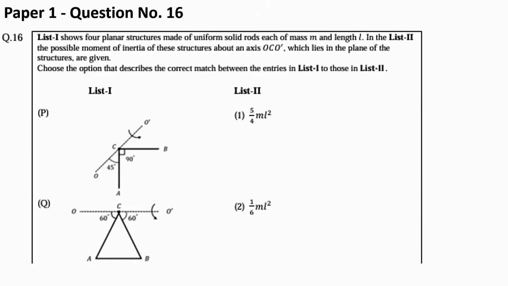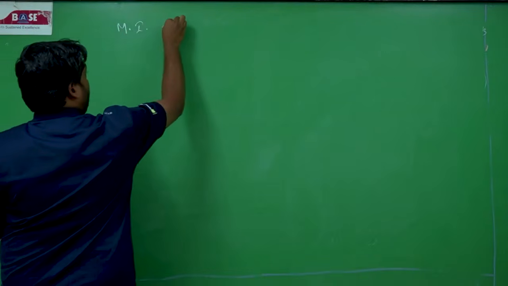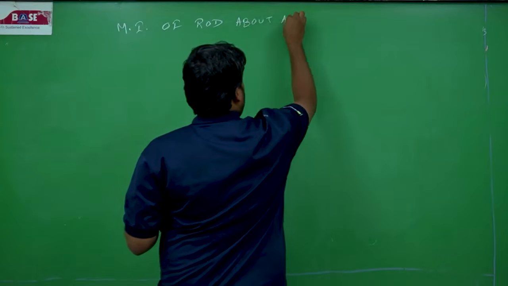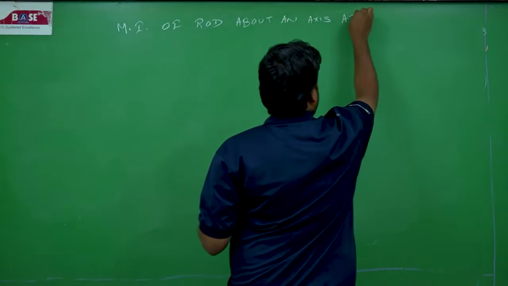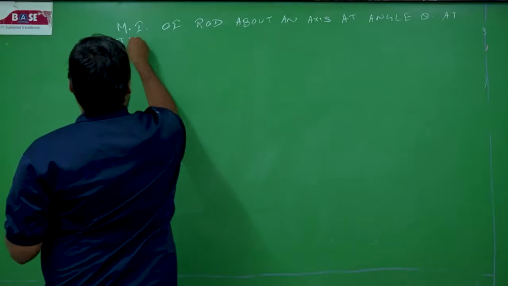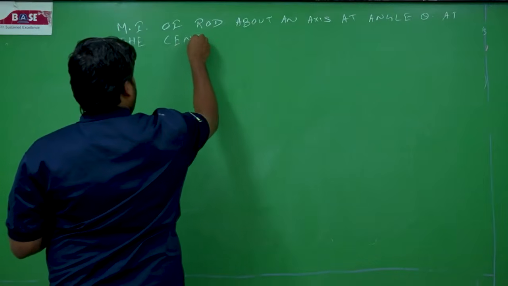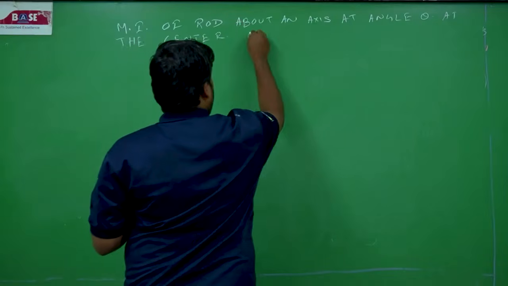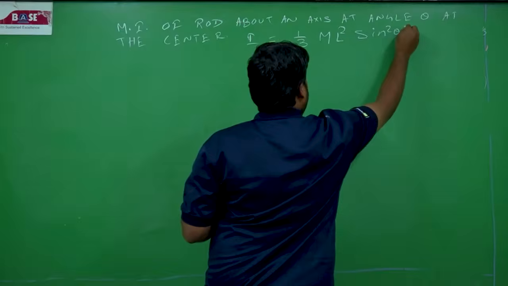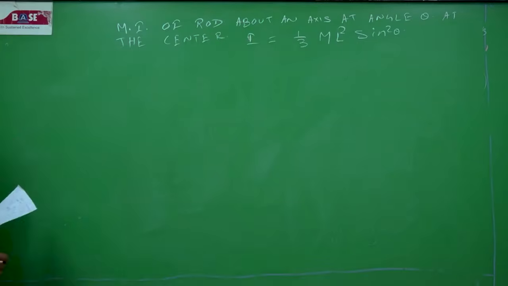In that question, it is given to find the moment of inertia of different types of structures of rods. So the moment of inertia of a rod about an axis at an angle theta at the center will be I equal to 1 by 3 ml square sin square theta. So we will go through the structures one by one.